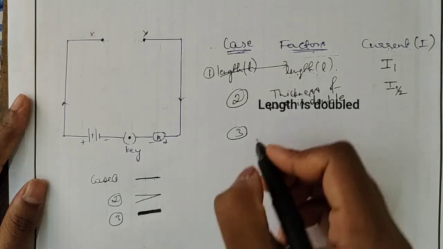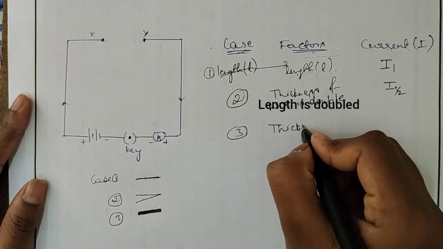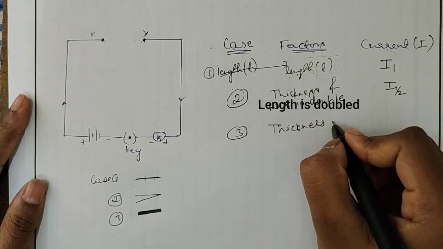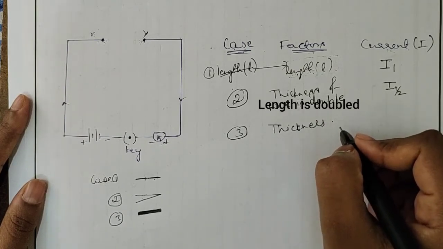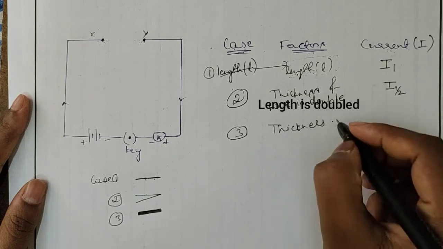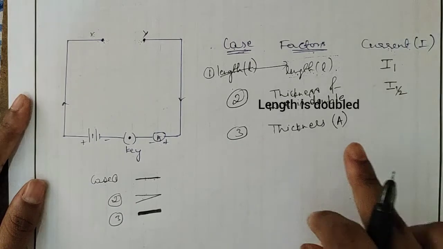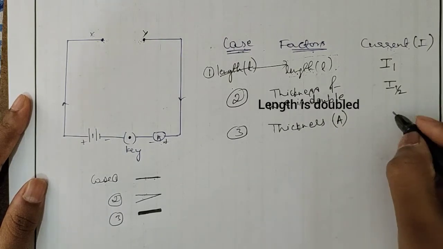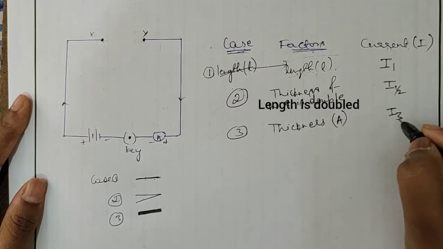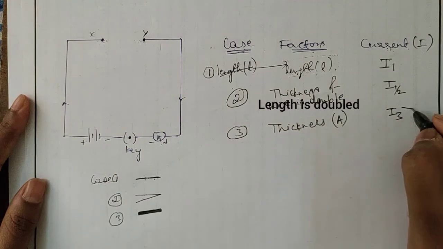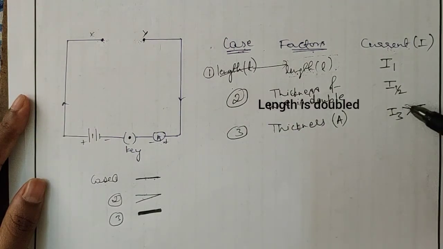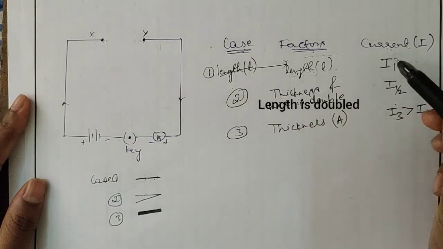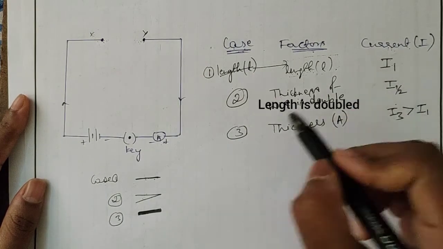Now listen, what I did in the third case: the thickness of the material has been increased with the same length. So I can indicate it with A. A is nothing but the area of cross section. Now here I saw that I got one value, let us name it as I3, which is more than I1. That means I got a value in the ammeter more than our first value. Now this is our third case.